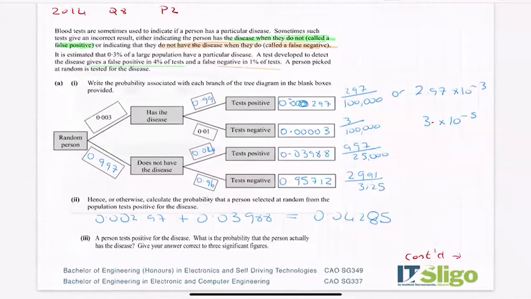Okay, a person tests positive for the disease. What is the probability that the person actually has the disease? Give your answer correct to 3 decimal places. So what they're asking here is conditional probability. So what is the probability that they have the disease given that they test positive?